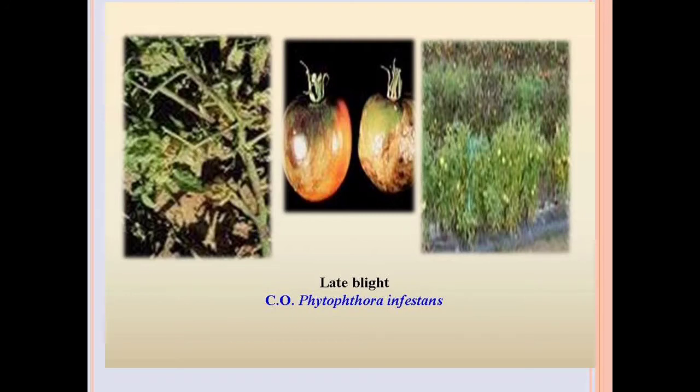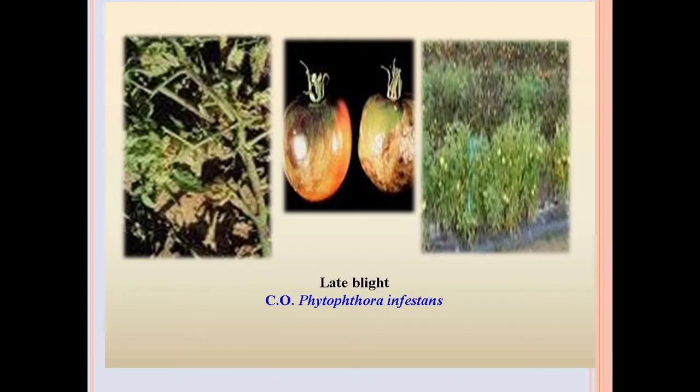Leaves, stem and fruits are all plant parts that are attacked by Phytophthora infestans. The spots enlarge rapidly under moist weather, showing necrosis of central tissues turning dark brown to black in color. On the lower surface of leaves, white cottony mycelial growth of this fungus is seen.